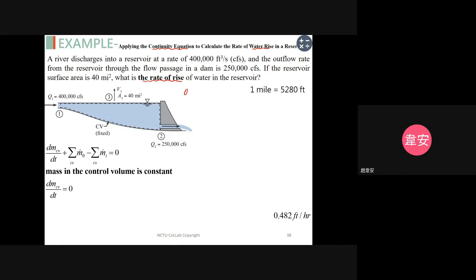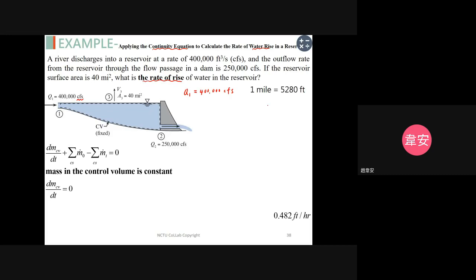So we have Q1, the inflow discharge, which is 400,000 here. And we see that the unit is CFS. So what is CFS?